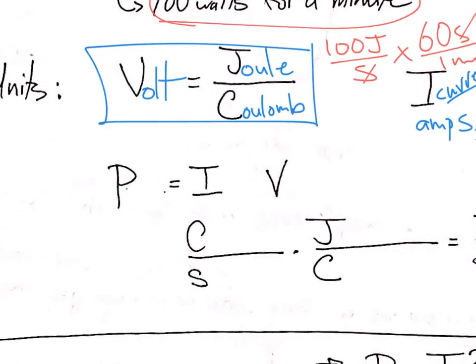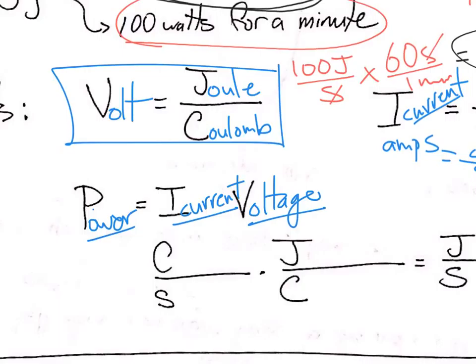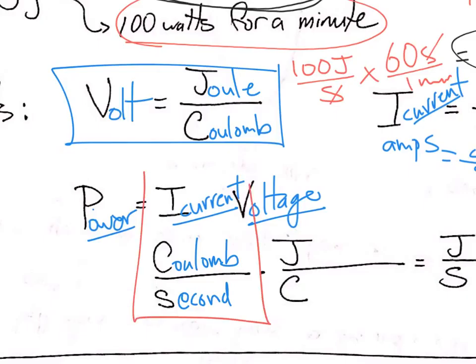If we look down here at our formula, we know that power is current times voltage. Power is current times voltage. So we have a coulomb per second, so current, an amp, is a coulomb per second. I'm going to box these in because this is what we're talking about.